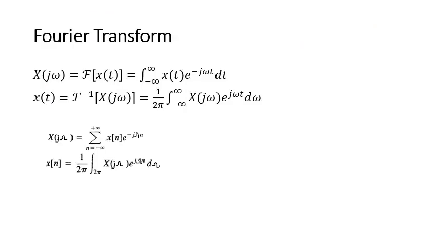Similarly, for the case of aperiodic signals, we use the Fourier transform, and this is the expression for the Fourier transform, the analysis equation. Just like the coefficients a_k of the Fourier series, X(j omega) is also complex.